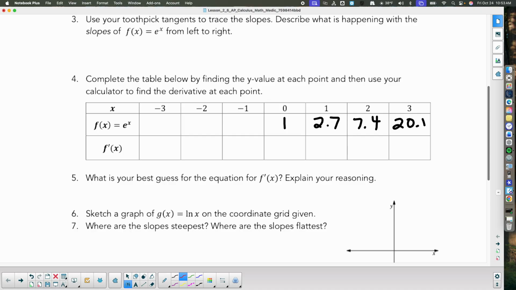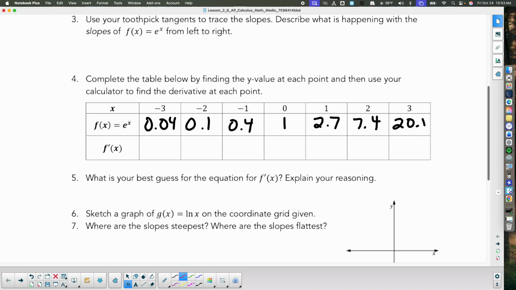Then 0.1, then 0.04. Okay, e is a weird number. It's not like anybody's just going to know these answers off the top of their head.